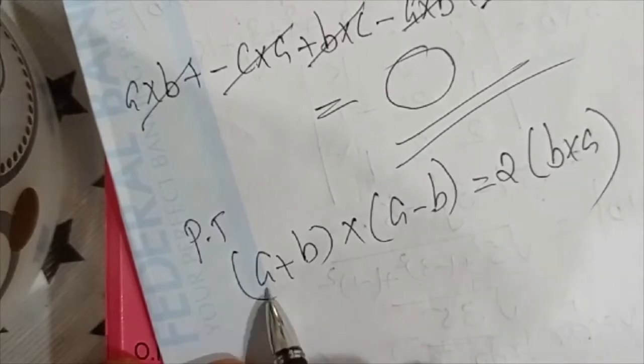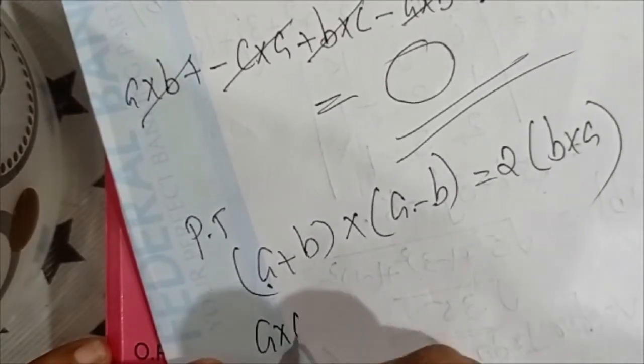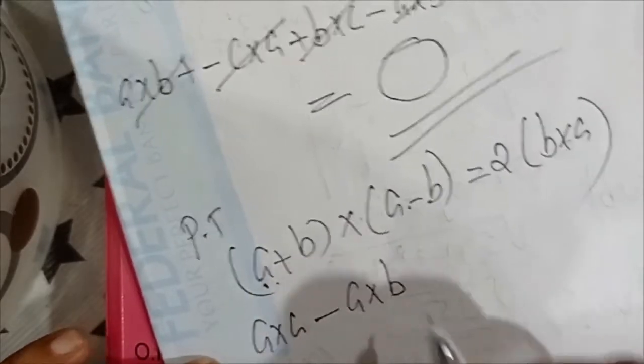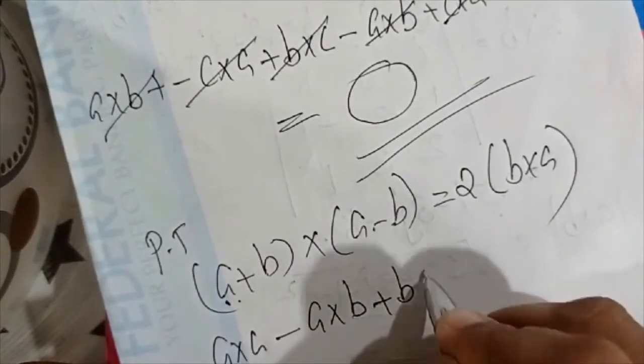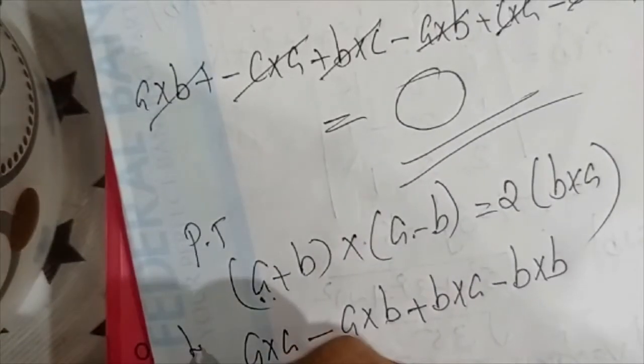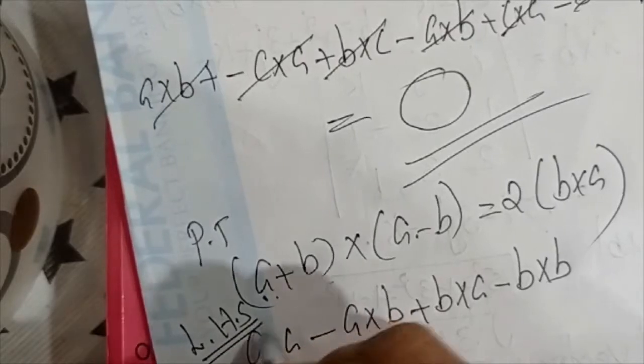Open the bracket. A cross A minus A cross B plus B cross A minus B cross B. Take the LHS. Write each step.